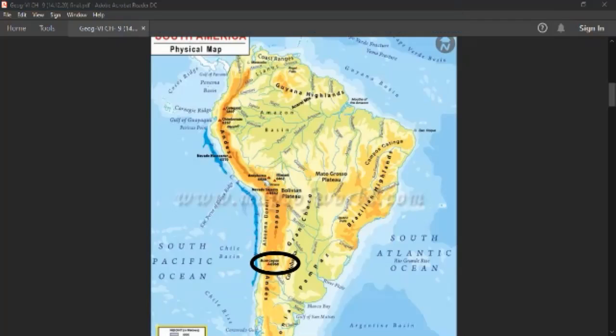These comprise intermountain plateaus like Bolivian Plateau and Peruvian Plateau.